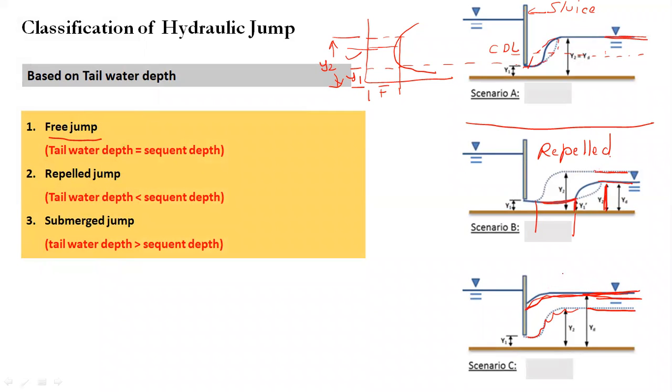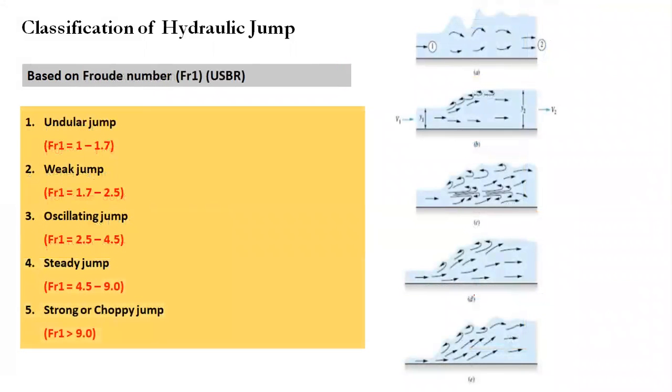In a submerged jump the energy dissipation, the loss of energy delta E, is very low, since there is no aeration, air entrainment is less, so we get very low energy dissipation.